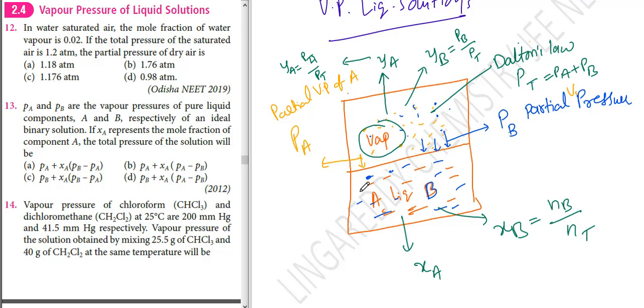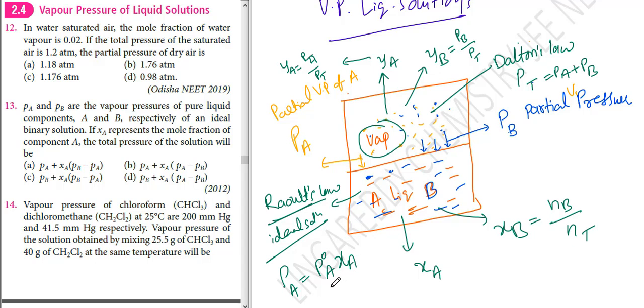And one more important formula here. In case of the liquid phase, we are using Raoult's law. Raoult's law is very important. These are only for ideal solutions. Raoult's law for ideal solutions: PA equals P naught A into XA. XA means the mole fraction in the liquid solution. What is P naught A?